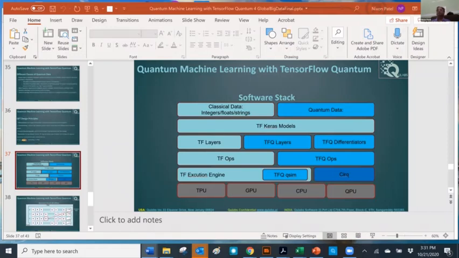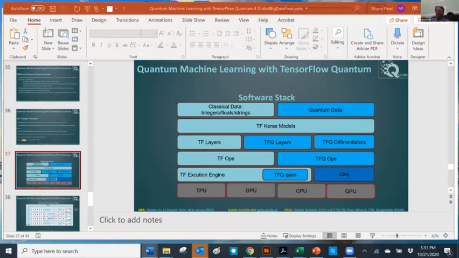But as I said, it's like either circuits or operators. That's what Cirq gives you, which is equivalent to quantum gates, and you can map everything to tensors and then use these standard TensorFlow layers.